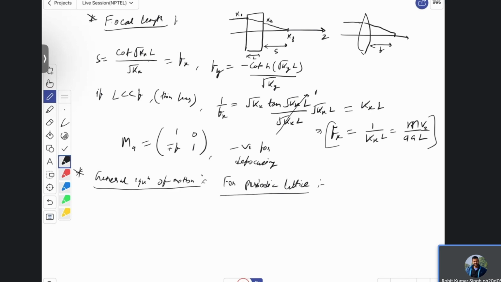So suppose we have some kind of lattice like focusing, defocusing, focusing, defocusing. What will happen is that this constant will be a function of the longitudinal direction, and it will be periodic like this. It will repeat after, say, length L, and similarly for the y direction too.